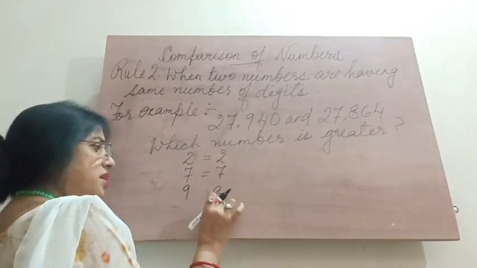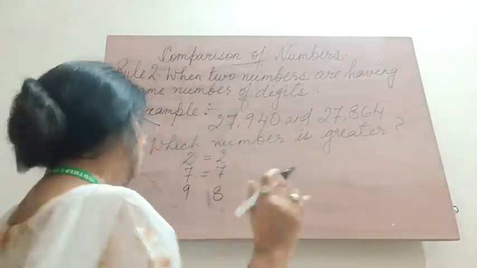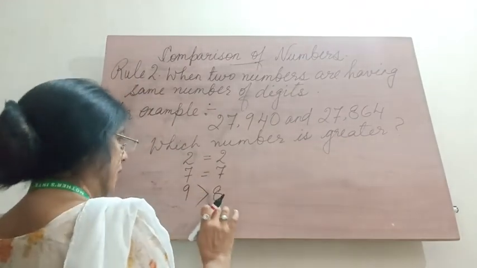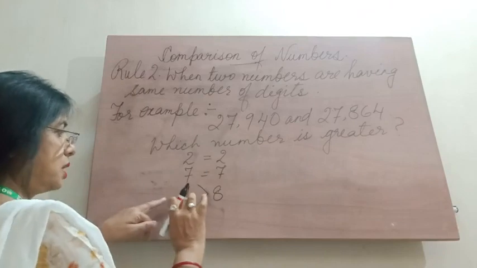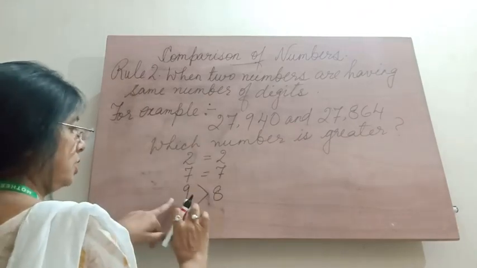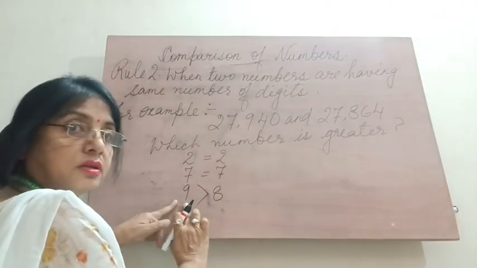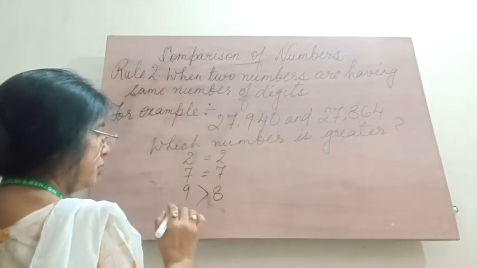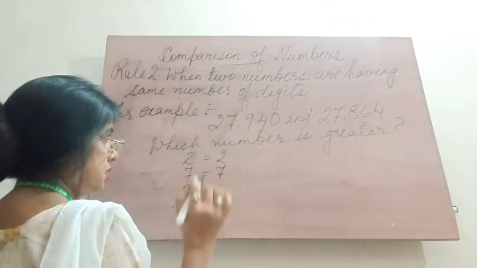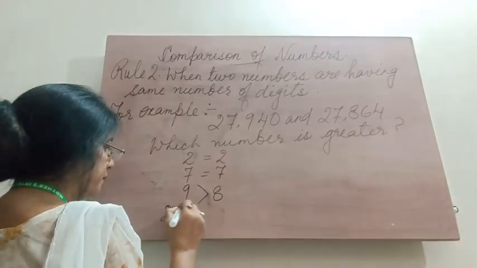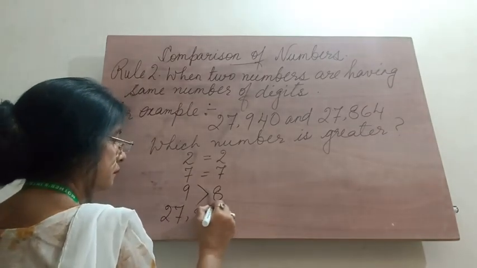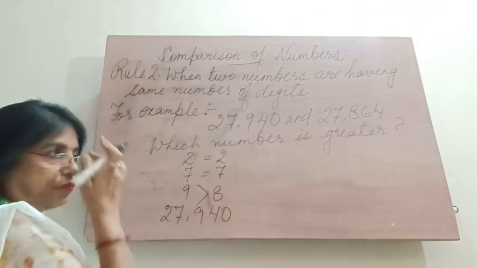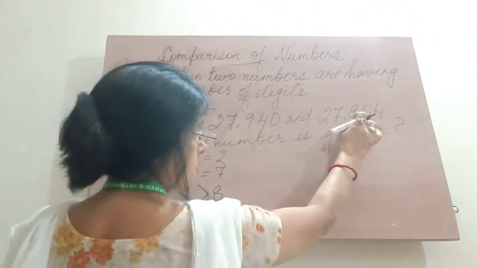Here 9 is greater than 8. Very well you know. If 9 is greater than 8, we have to find out in which number we have this digit 9. So see, in the first number we have the digit 9. And the digit 8 you have to find out in the second number.